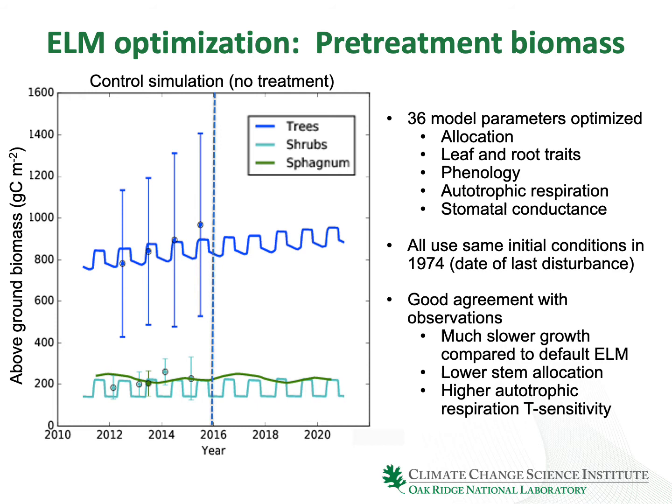If we compare this to the original or default version of ELM, which isn't shown here, we see much slower growth than we would in an upland system, for example, and that's achieved through lower allocation of carbon to stems and higher temperature sensitivity of autotrophic respiration.